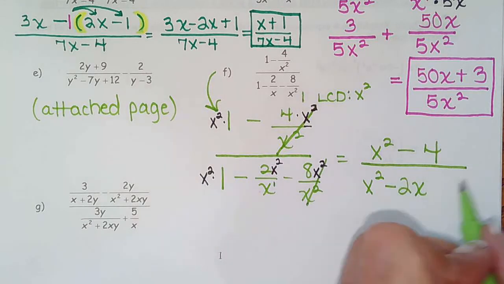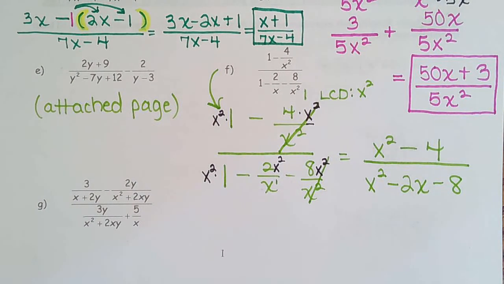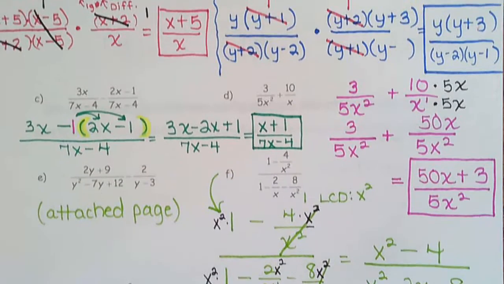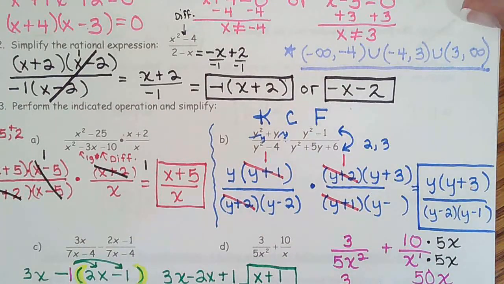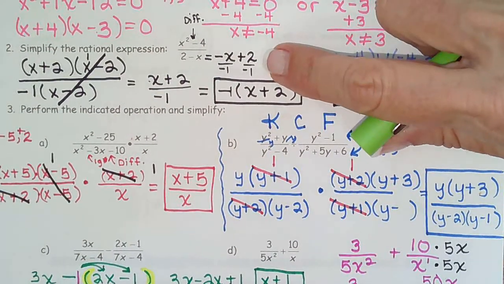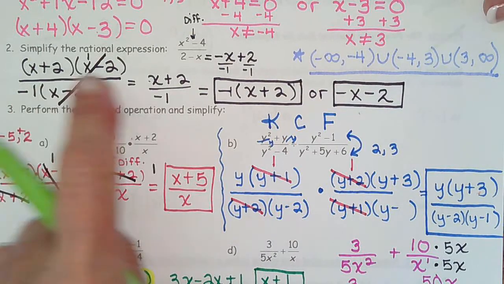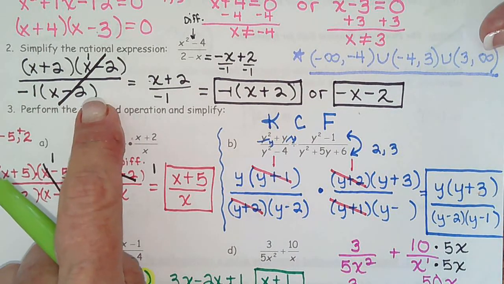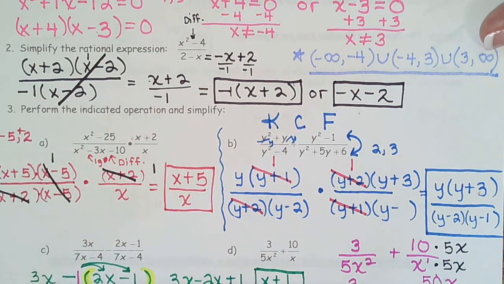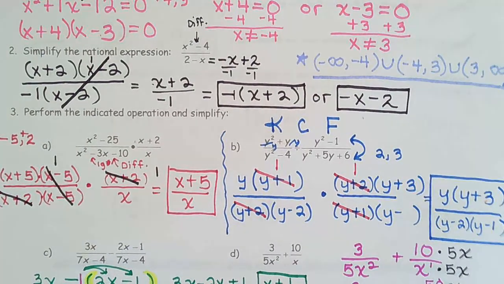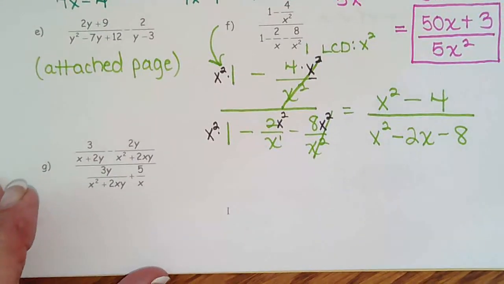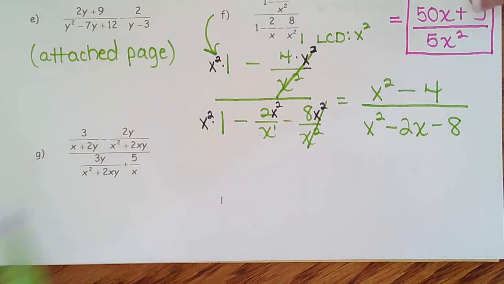X squareds cancel, minus 8. Beautiful. Look at that. All whole numbers now. No fractions except for the main fraction bar. So now we really have a problem just like number 2. Let's simplify. Simplify says factor the numerator, factor the denominator, cancel common factors. So once you get rid of the fractions, then it's just a simplify problem.